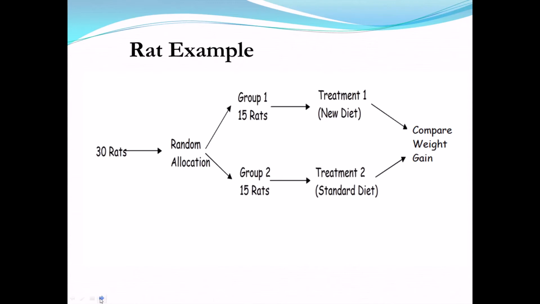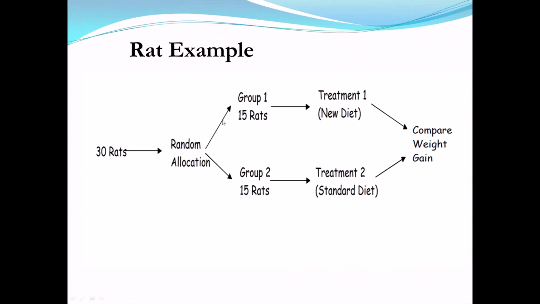Okay, so you're going to randomly pick 15 for groups. That's your random allocation. Now, if you don't like the word allocation, just use assignment. It means the same thing. So take the cage numbers 1 to 30, put them in a hat, pick the first 15, and they go into group 1, because you've randomly picked a simple random sample of 15.